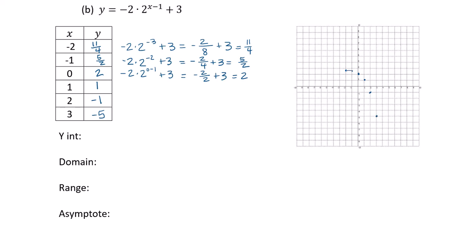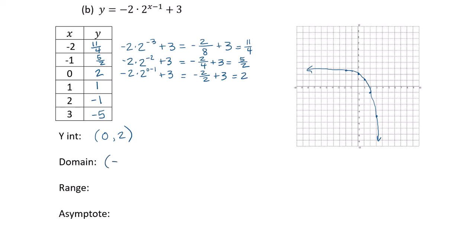Let's go ahead and connect the points that we have in as smooth of a graph as we can make. This is going to go down to negative infinity, and this side will get very close to that value of y equals 3. So our y-intercept here, 0, 2.